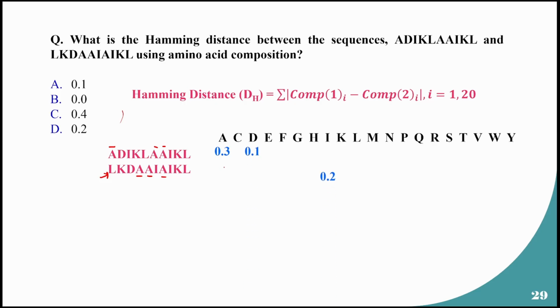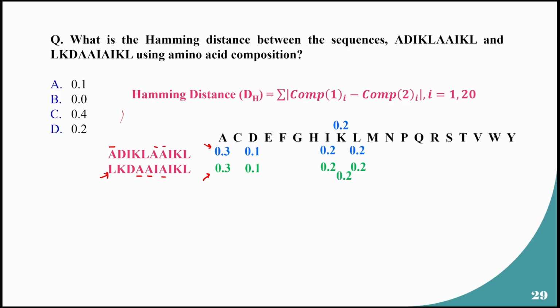In fact, for all of the amino acids mentioned here, both in sequence 1 and in sequence 2, they have the same composition values. 0.3, 0.3 for alanine. Let's say for aspartate, you have 0.1, 0.1. For isoleucine, 0.2, 0.2, and so on and so forth. So this will cover the entire set of amino acids present here, and all of them have the same composition across both of the sequences.